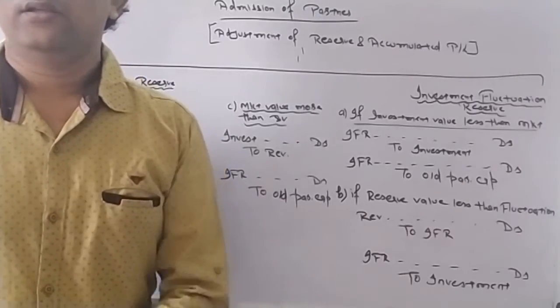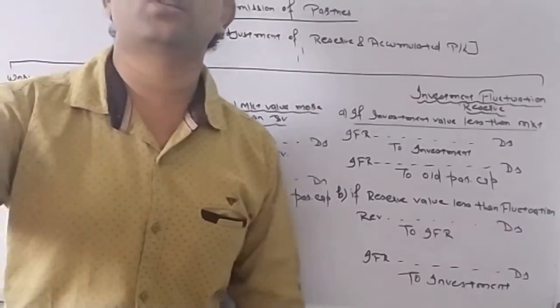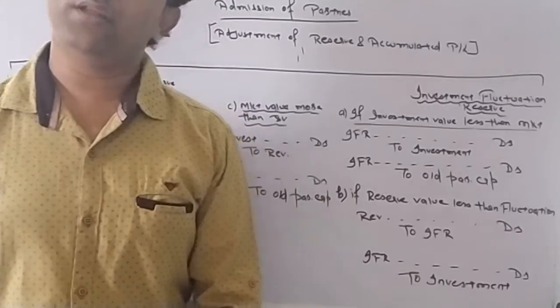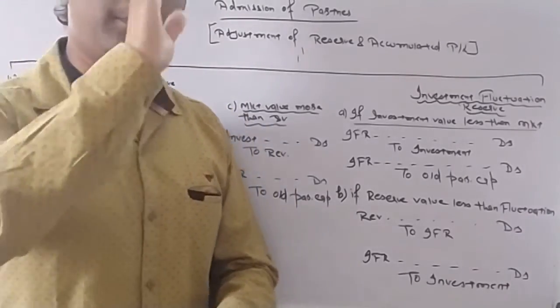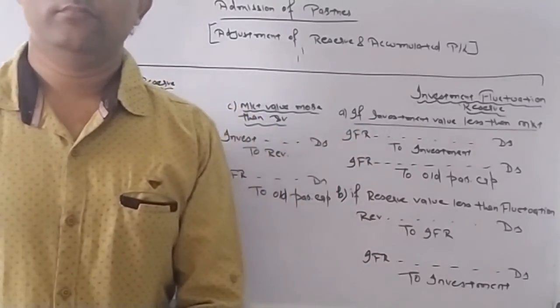I have a risk that the investment value fluctuates in the market. Suppose I have invested in shares of a company. Then that investment will fluctuate. It might go up, it might go down. If it goes up, it doesn't have any problem.